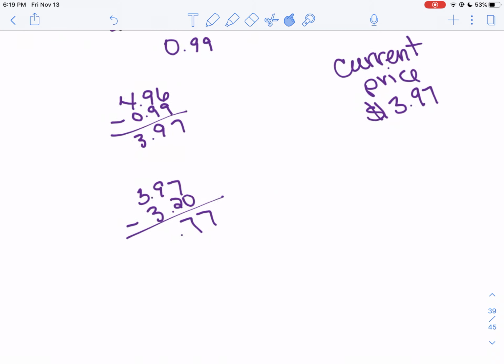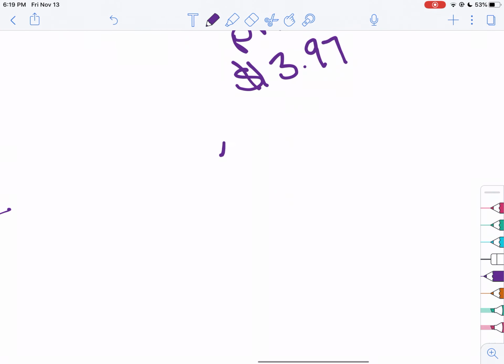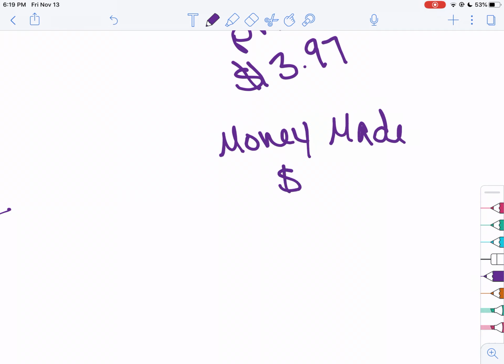So the money that they're making on each binder is 77 cents.